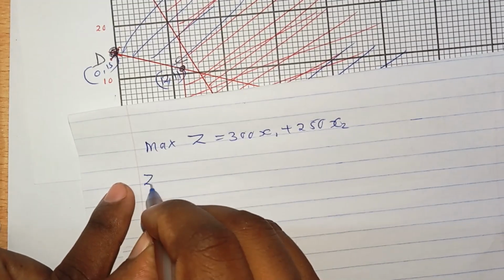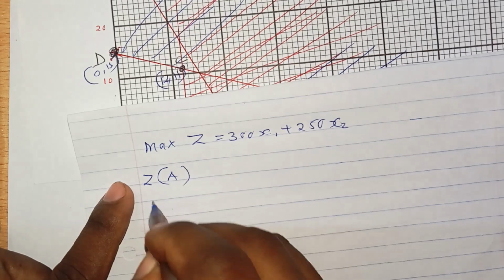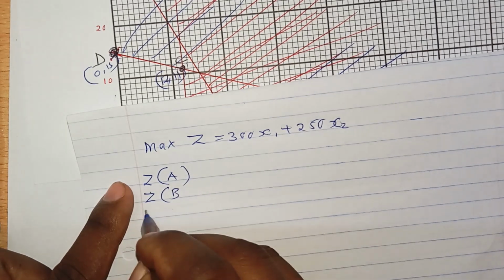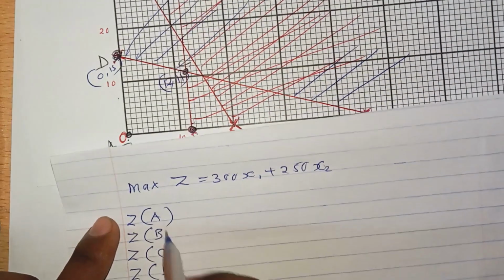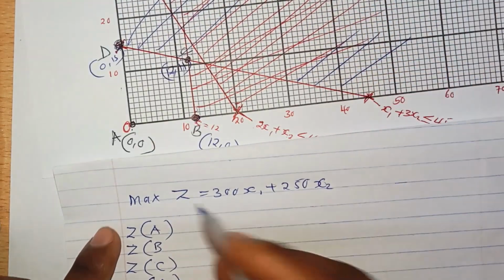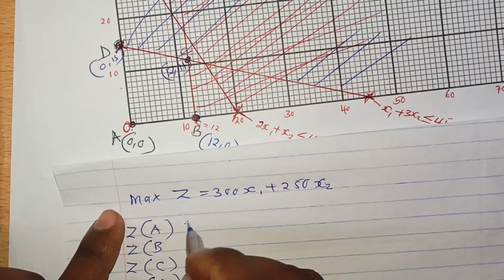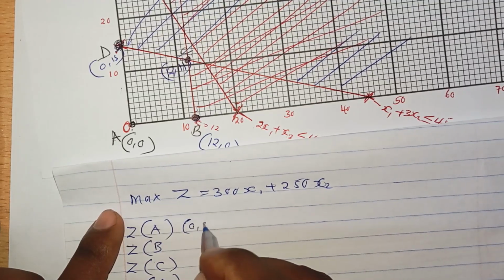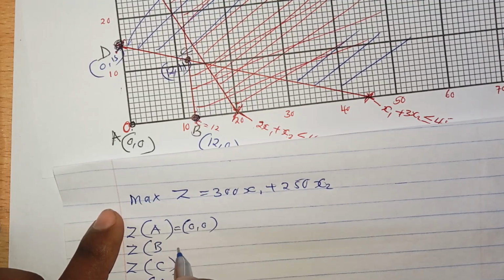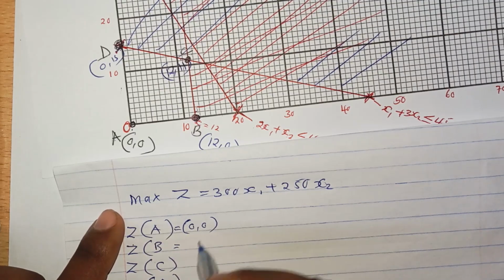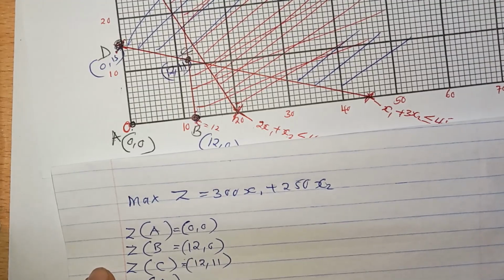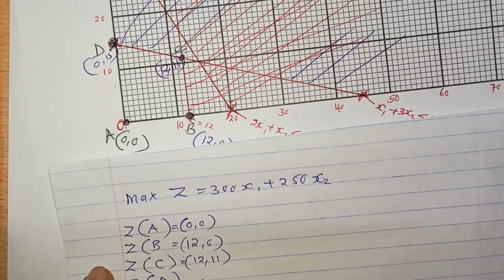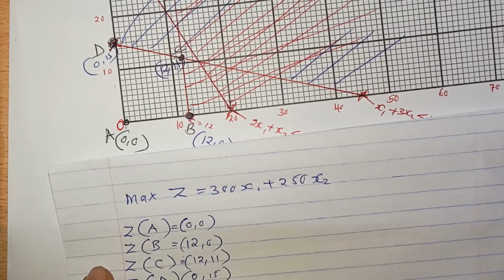Then let us write z at point A, z at point B, z at point C, and z at point D. The coordinates of A are 0, 0. B is 12, 0. C is 12, 11. And D is 0, 15.